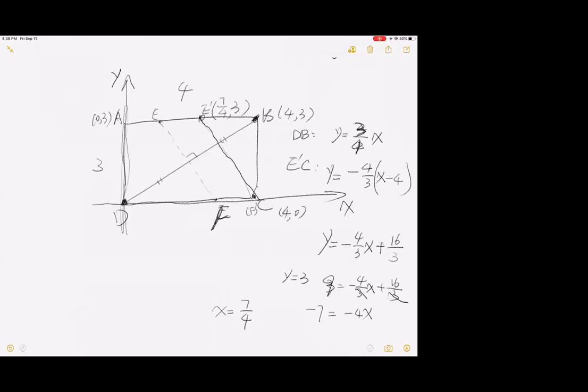So then it would just be a right triangle, E prime BC.